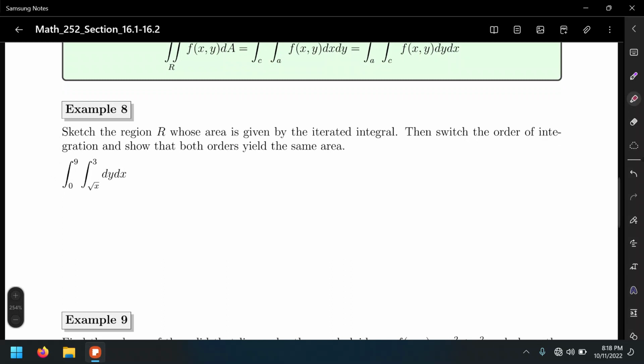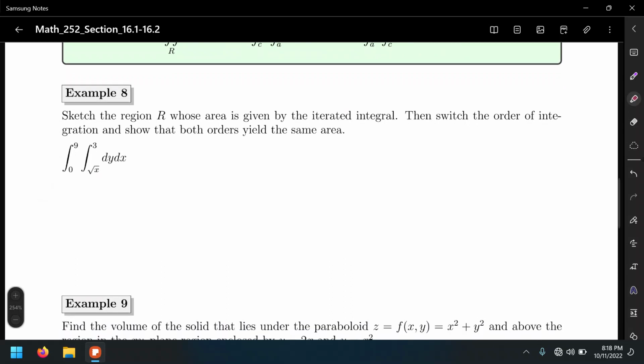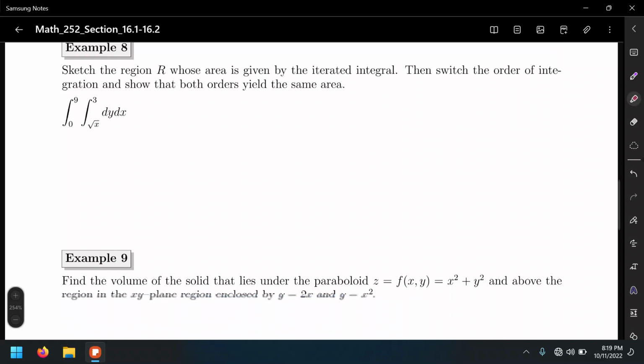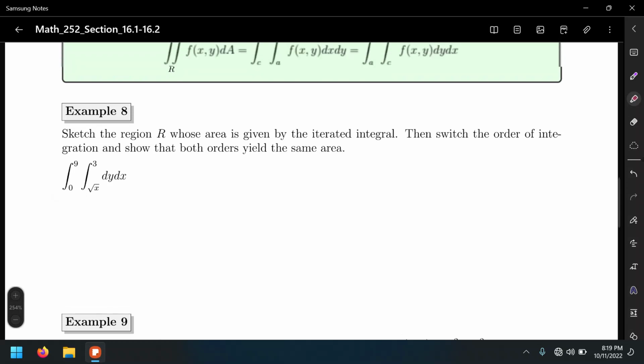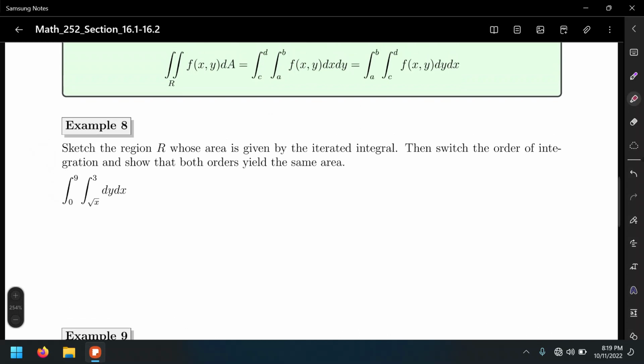Then switch the order of the integration and show that both orders yield the same area. So we're not going to find volume yet. We're going to do that for the next example. In the meantime, let's look at changing the order of integration, that is, essentially using Fubini's theorem to set up the integral both ways. All right.